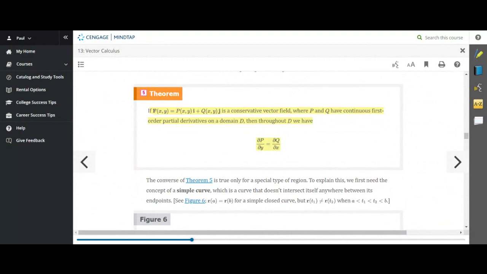One of the criteria is that if you have a vector field with components P and Q, if the partial derivative of P with respect to y equals the partial derivative of Q with respect to x, then you have a conservative vector field. Okay, that's one of the criteria.